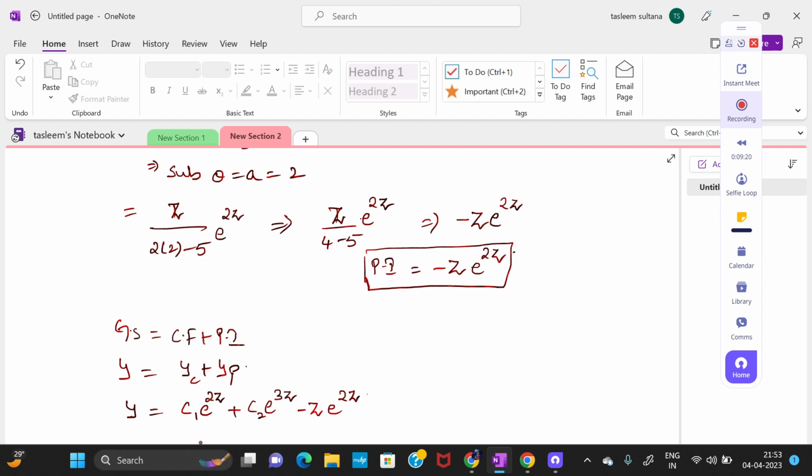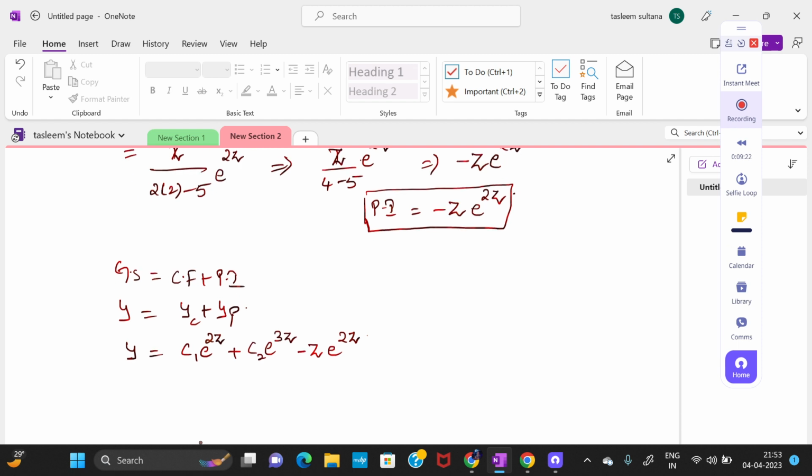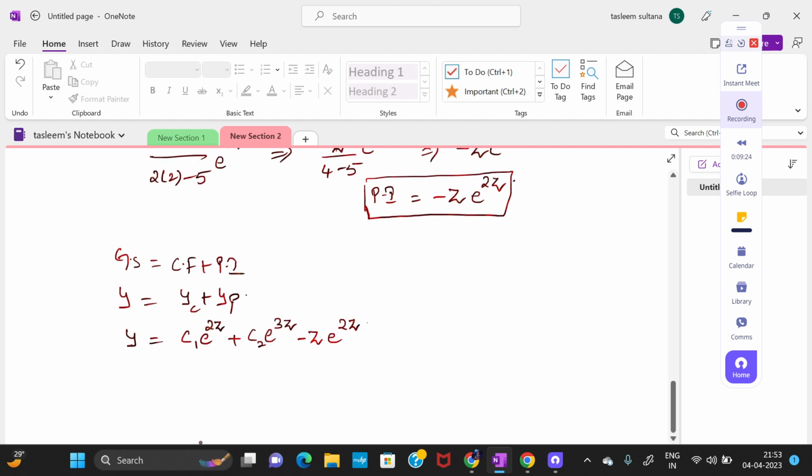What we have taken is x equals e power z, so you have to replace this into x now. y equals c1 x square plus c2 x cube minus, where z is log x, log x into x square, which is your required solution.